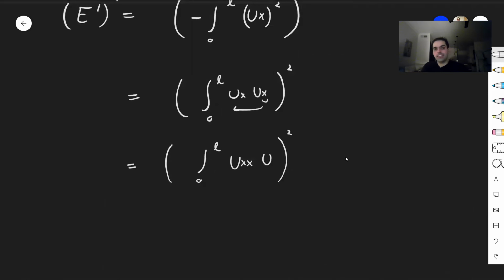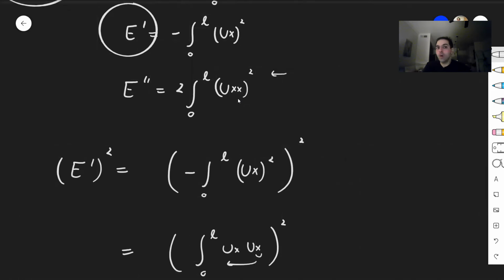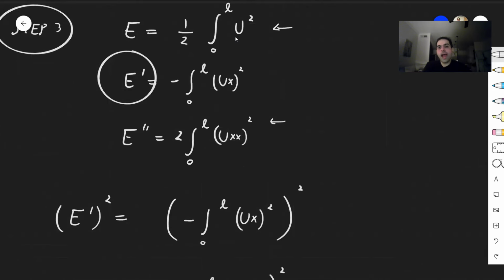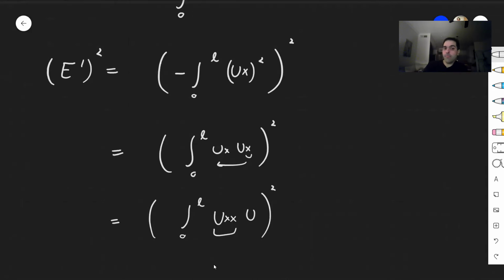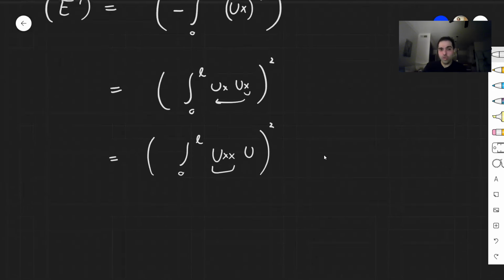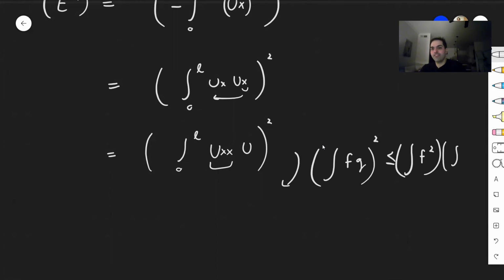But here's a nice thing. This u_xx comes into E double prime, and u is in E. So it would be nice if we could separate out u_xx and u, and it turns out there's a perfect inequality for this, which is the Cauchy-Schwarz inequality. The integral of fg, squared, is less than or equal to the integral of f squared times the integral of g squared.